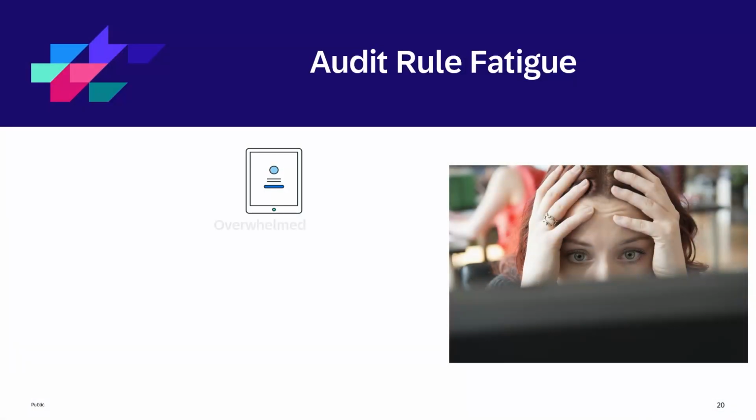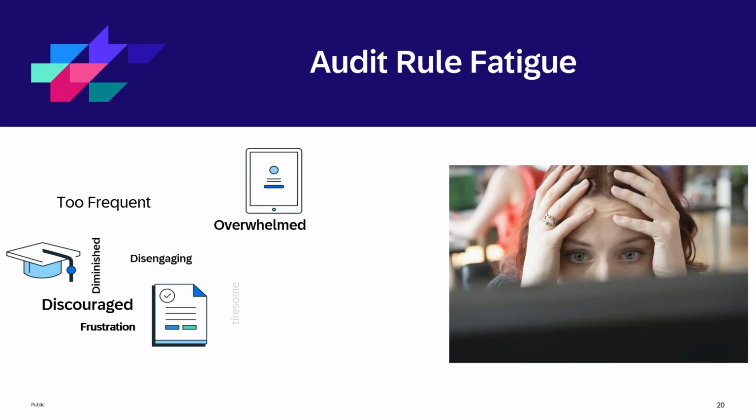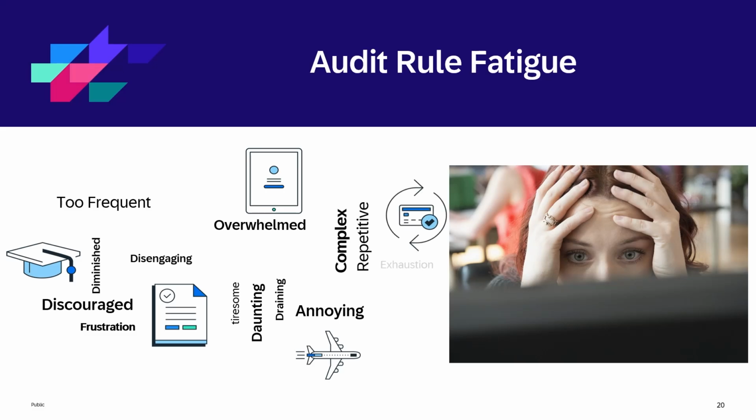Exactly. So then we have audit rule fatigue. This refers to the exhaustion or frustration that individuals or teams experience when faced with an overwhelming number of audit-related tasks, checks, or compliance rules. This fatigue often occurs when the rules are too frequent, complex, or repetitive, leading to a sense of being overwhelmed, disengaged, or desensitized.